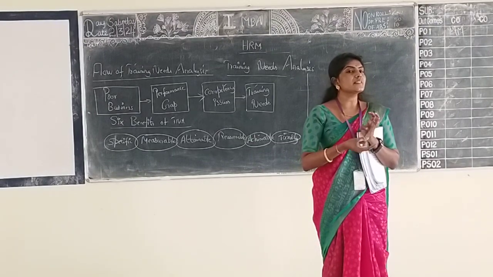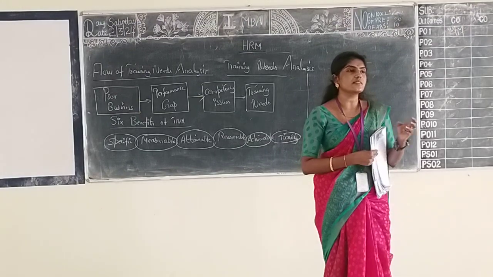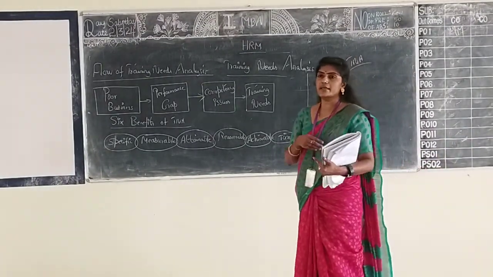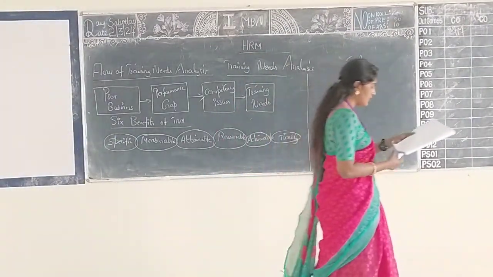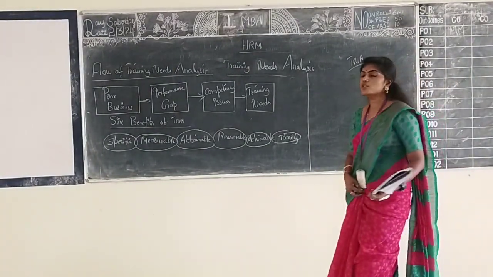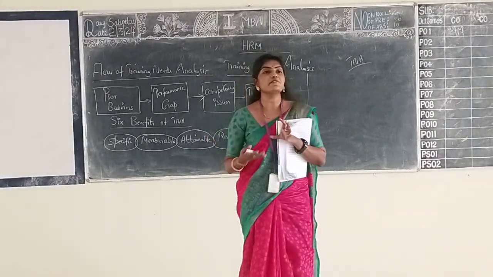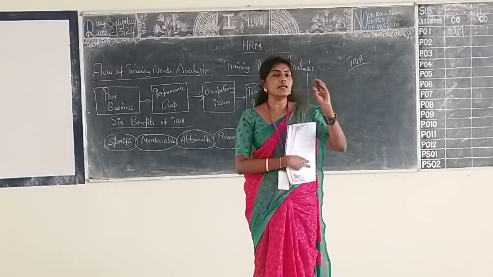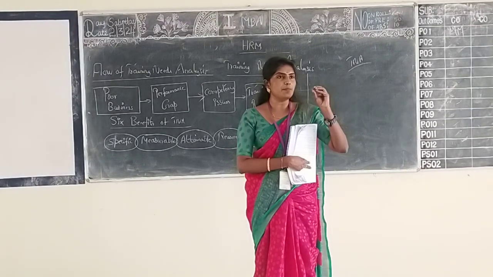Based on the task analysis, you are analyzing the employees' knowledge, skills and performance level also, and you have some activities needed for this task. Next, the third one is the individual analysis. For that, they give the training to the employees. Every organization must give training to the freshers and the new employees.